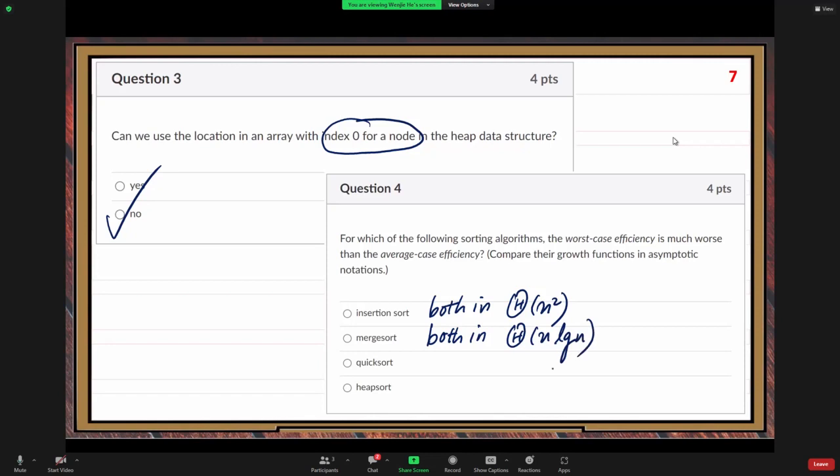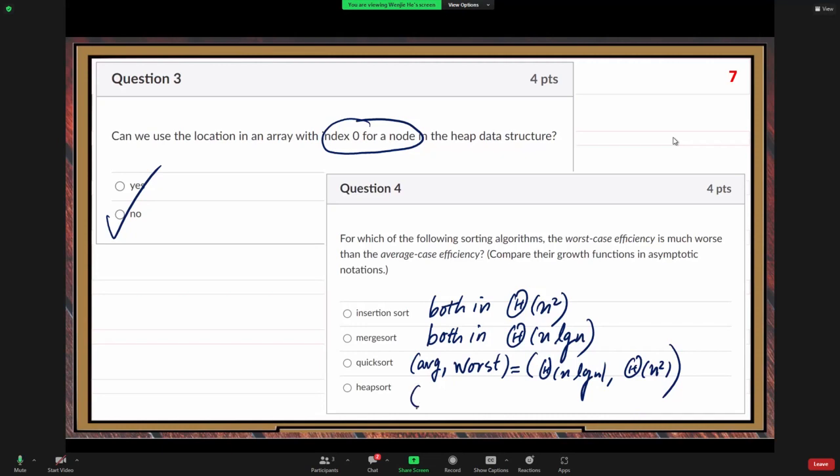Okay, quick sort, average case, n log n, worst case, n squared. Okay.